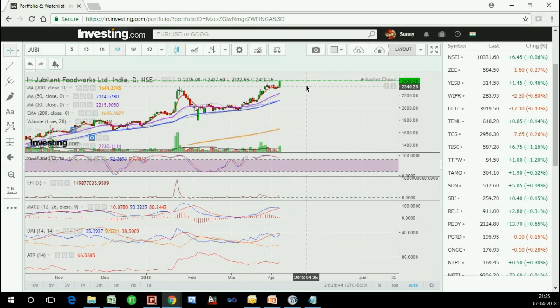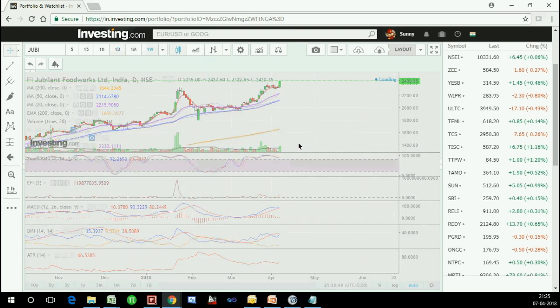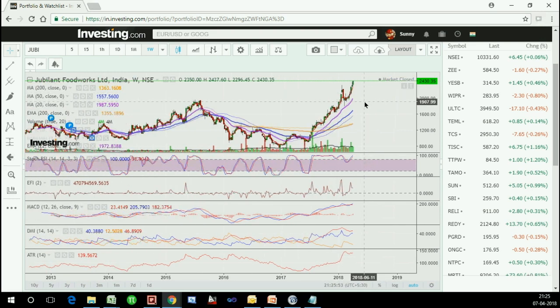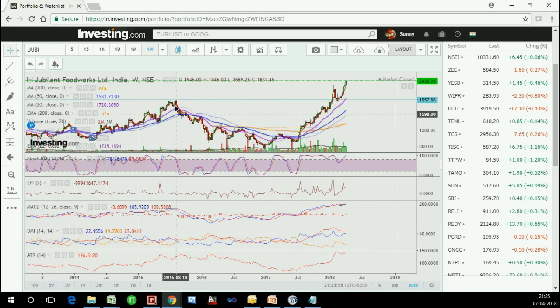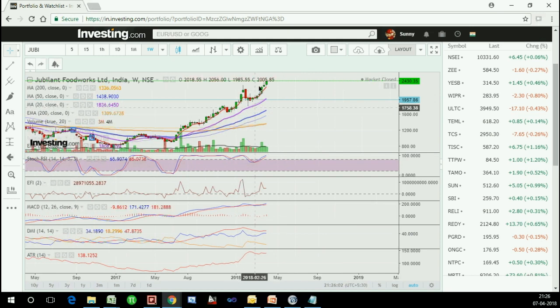There was a breakout in this stock. Can you see? On the weekly, it is more clear. I will mark it like this somewhere, right? So there was this, and there was resistance.